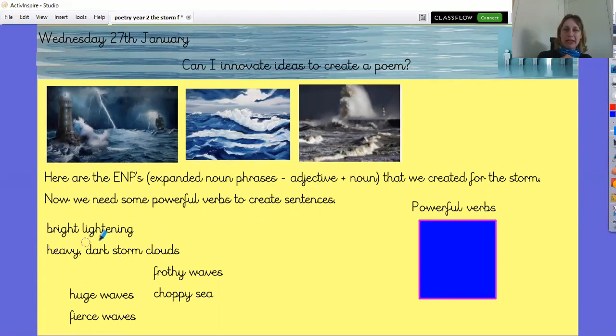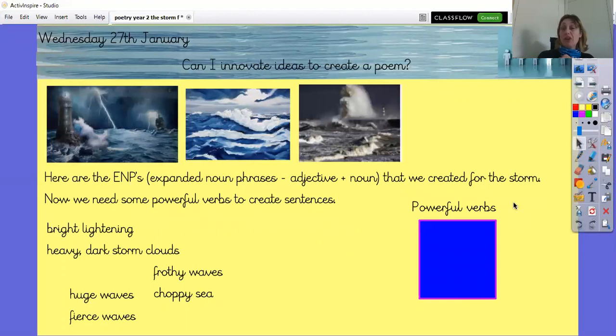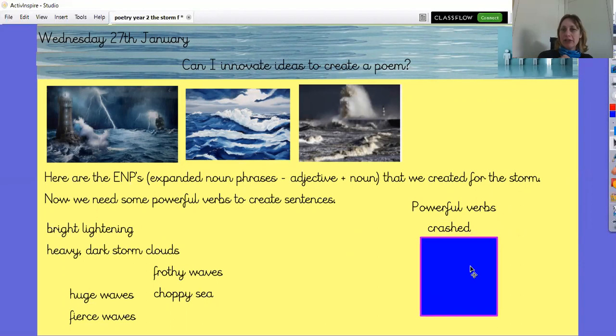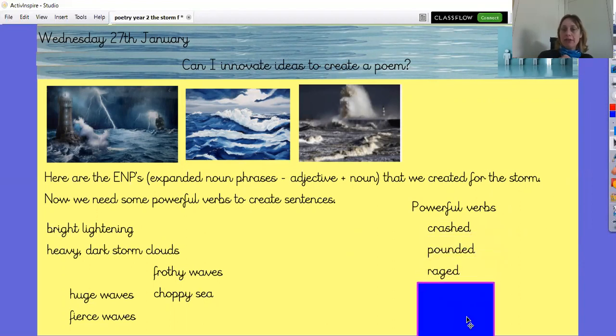So we've got bright lightning, heavy dark storm clouds, frothy waves, choppy sea, huge waves, and fierce waves. So here's a few powerful verbs which I've come up with. So let's read them as we go. We've got crashed, we've got pounded, and we've got raged, and then we've got howled.